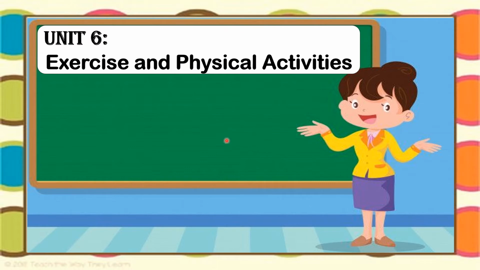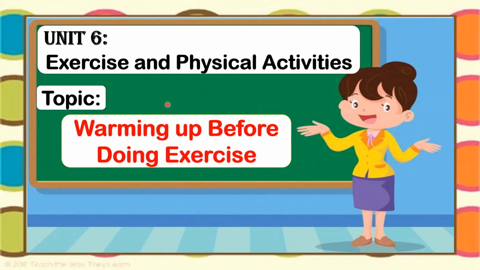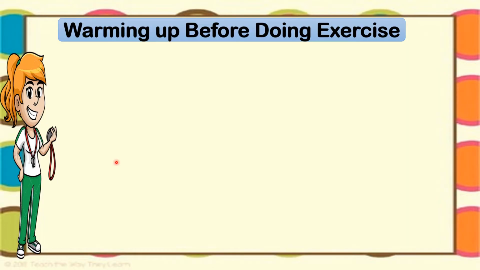Now we are still on unit 6 of your physical education book. So this is about exercise and physical activities. Now our topic for today is all about warming up before doing exercise.